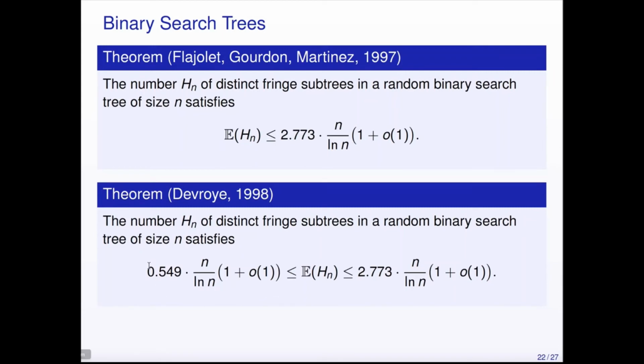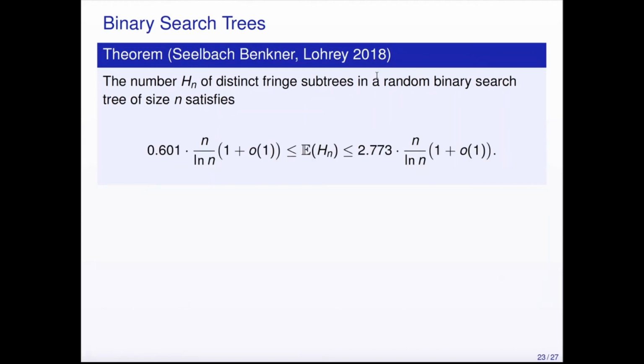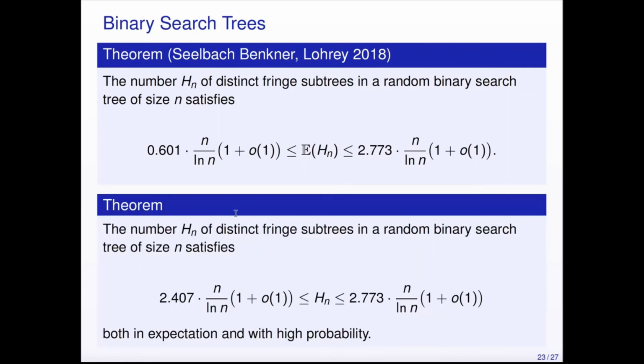Okay, the constant in front of the lower bound has been improved slightly recently in 2018. And in our paper, we are able to show that the number Hn of distinct fringe subtrees in a random binary search tree of size n satisfies this asymptotic estimate not only in expectation, but also with high probability.